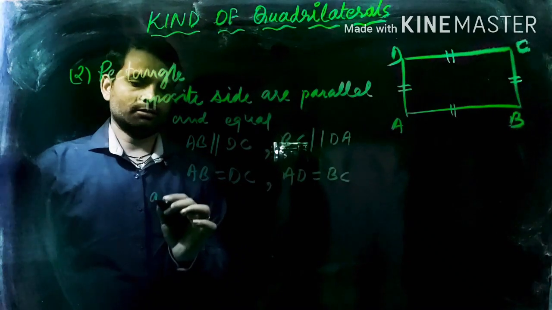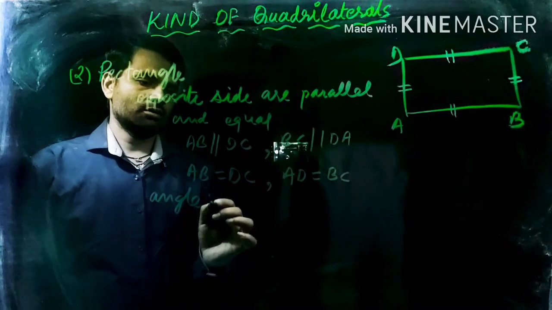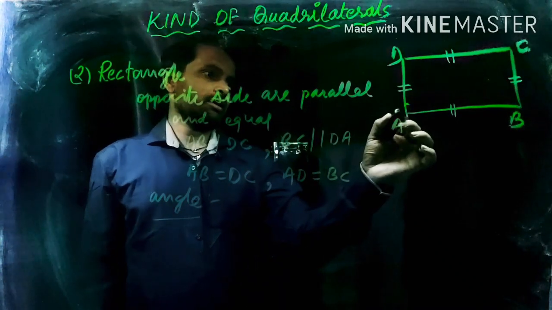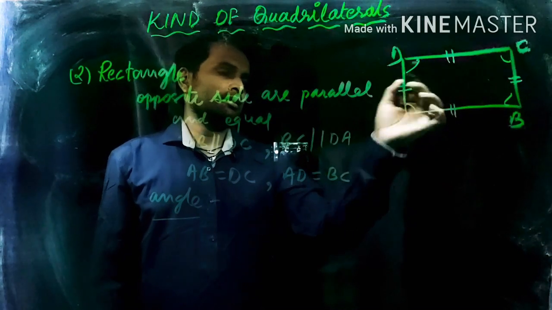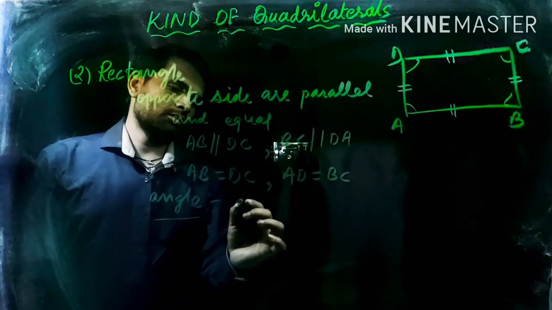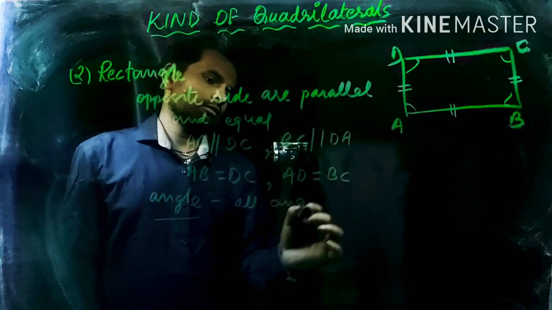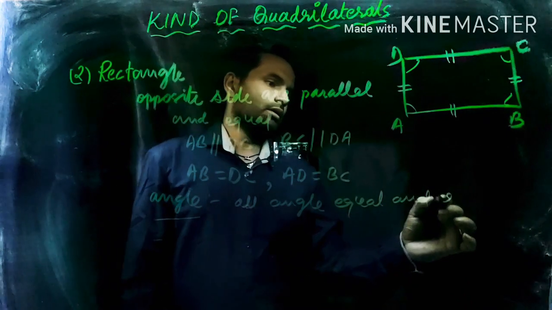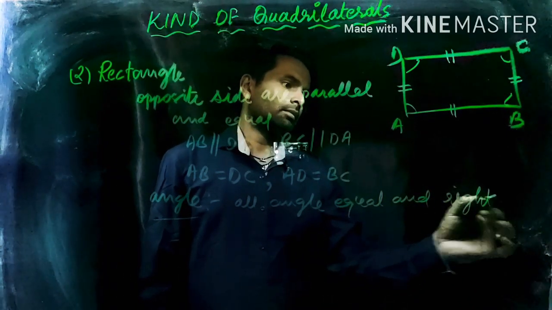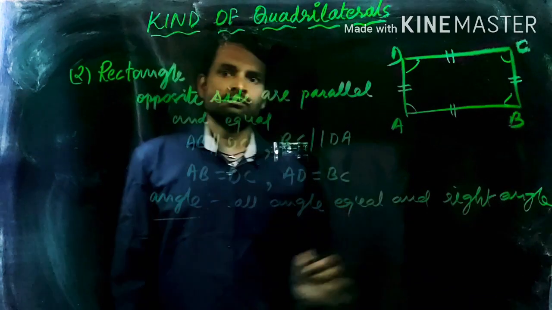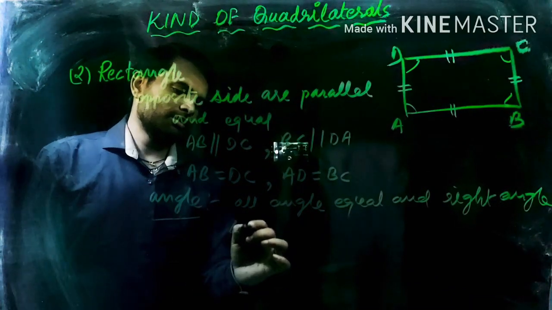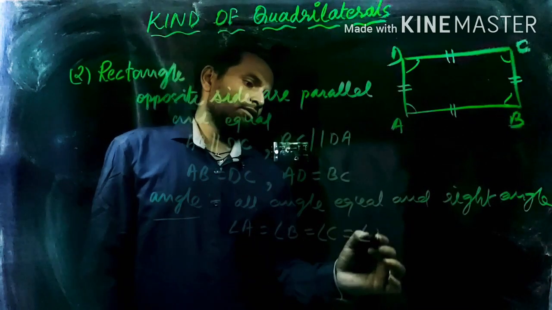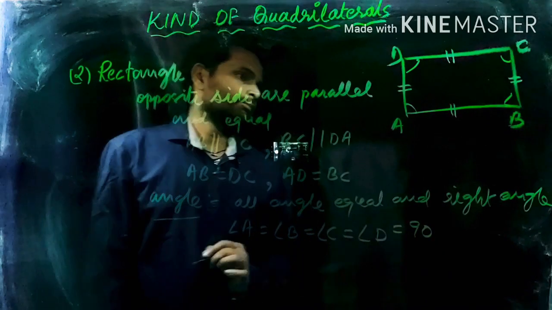Next are the angles. The quadrilateral has four angles: A, B, C, D. Similar to the property of a square, all angles are equal and right angles. It means angle A is equal to angle B, equal to angle C, equal to angle D, equal to 90 degrees.